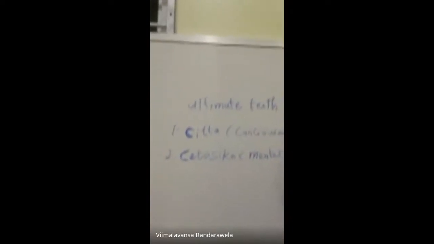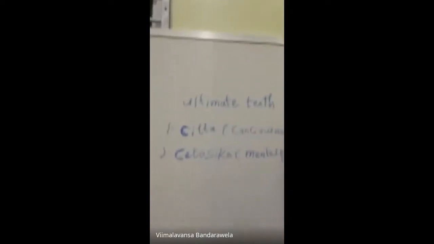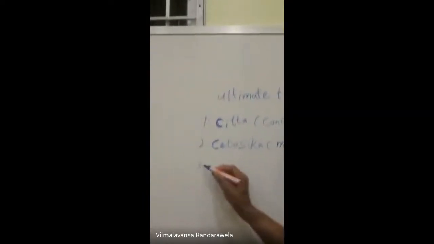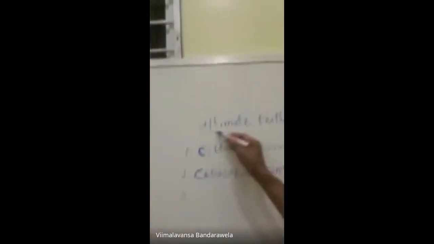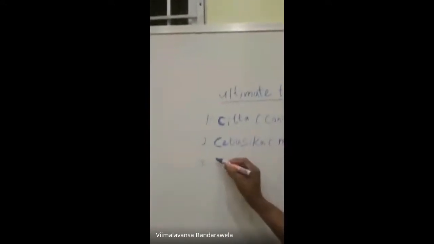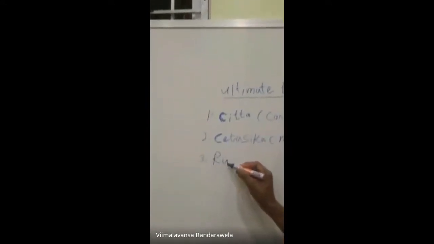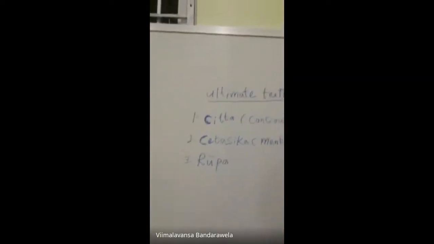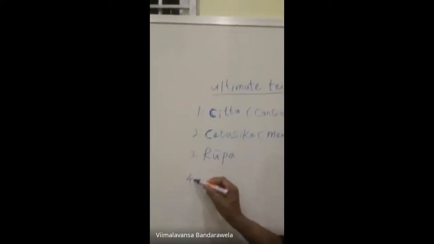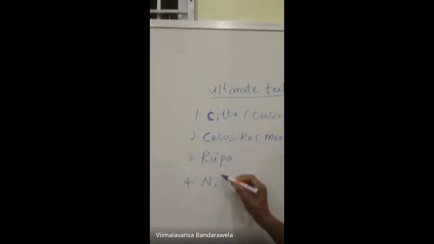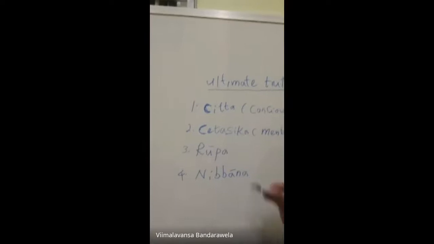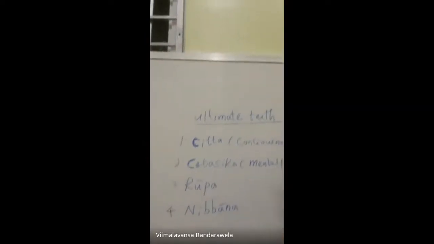Then the third ultimate truth is Rupa. The fourth ultimate truth is Nibbana.